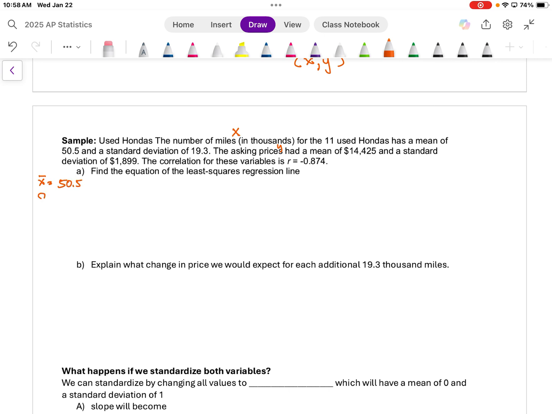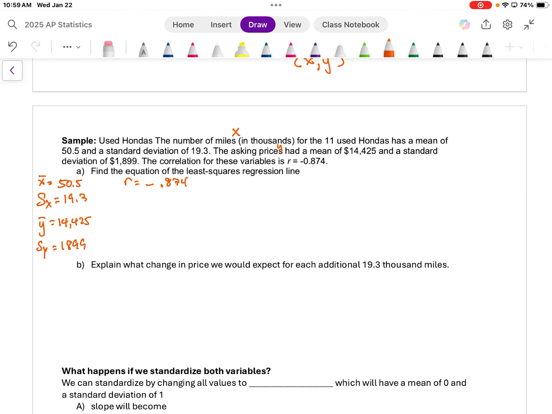The standard deviation, s sub x, was equal to 19.3. The asking price, which was the response variable, has a mean, y bar, equal to 14,425. And the standard deviation of the y's was 1899. And then they tell us the correlation, the r value, is equal to negative 0.874.